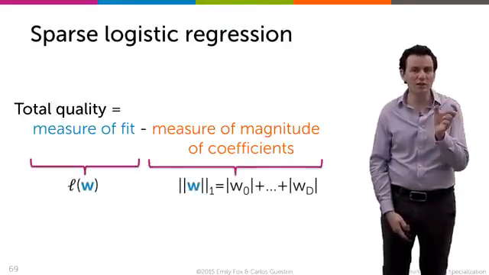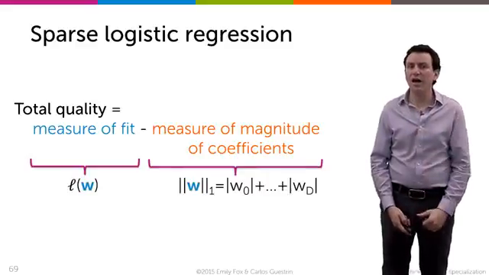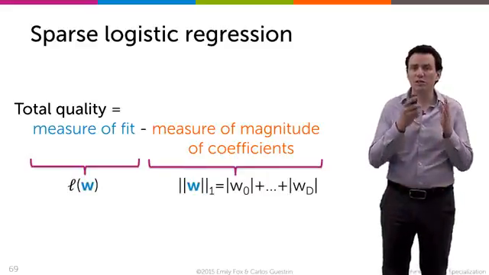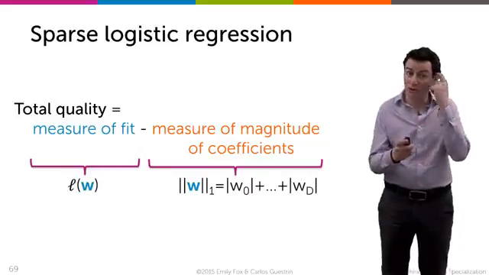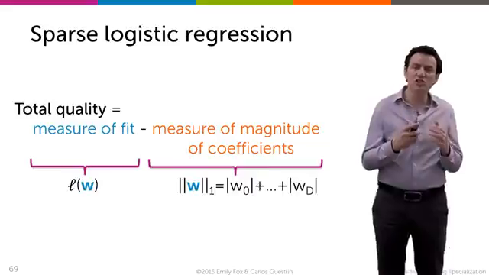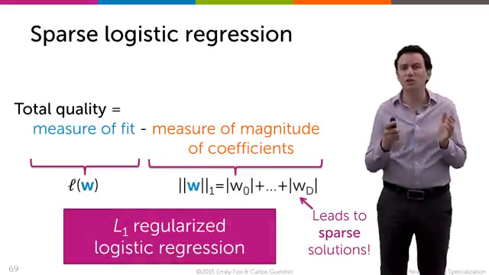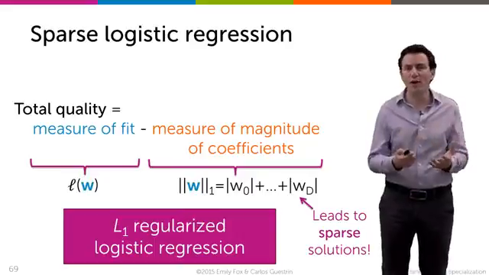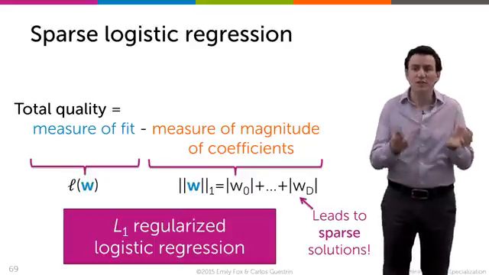We take the same log likelihood function, l(w), but we add an extra L1 penalty, which is the sum of the absolute value of w0, the absolute value of w1, all the way to the absolute value of wD. By just changing the sum of squares to be a sum of absolute values, we go into what's called L1 regularized logistic regression, which gives you sparse solutions.